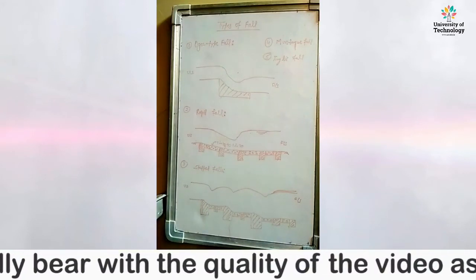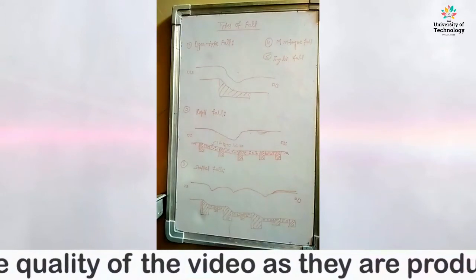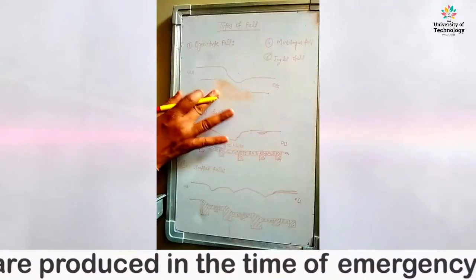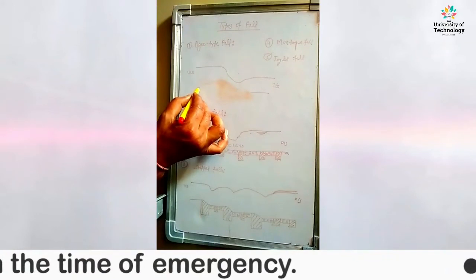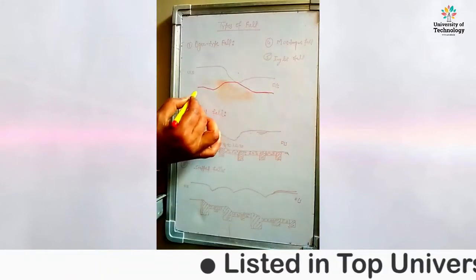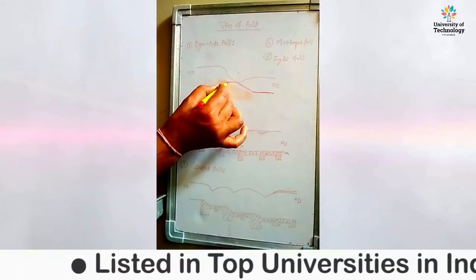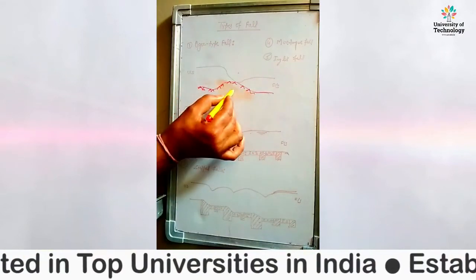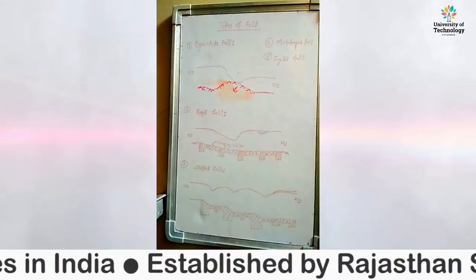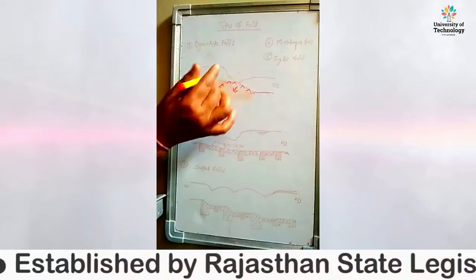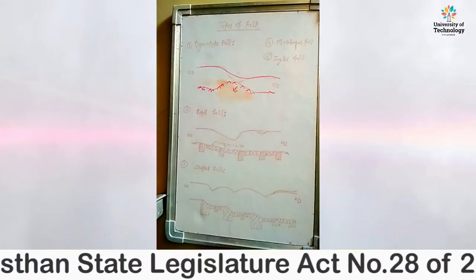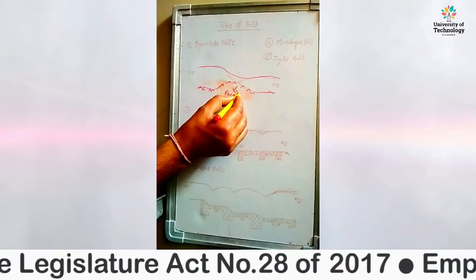You can see here, if we provide a slope in place of this ogee in such a way that a parabolic shape is provided in the bed slope, this parabolic part stands for the Montague fall, and overall everything else remains the same. This is the parabolic portion.